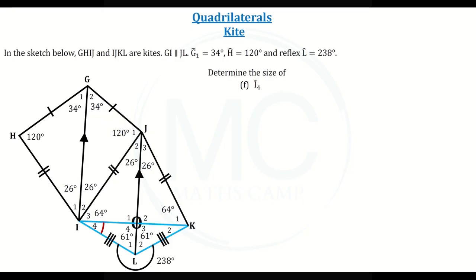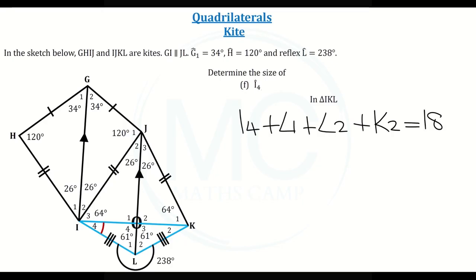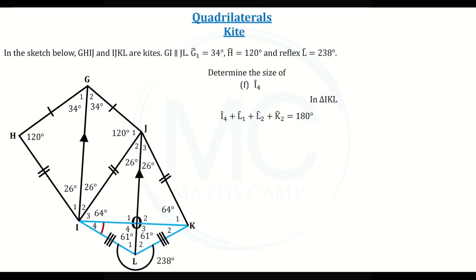We know that in triangle IKL, angle I4 plus angle L1 plus angle L2 plus angle K2 gives us a sum of 180 degrees because these are the interior angles of a triangle. We already know that L1 plus L2 is 122 degrees.